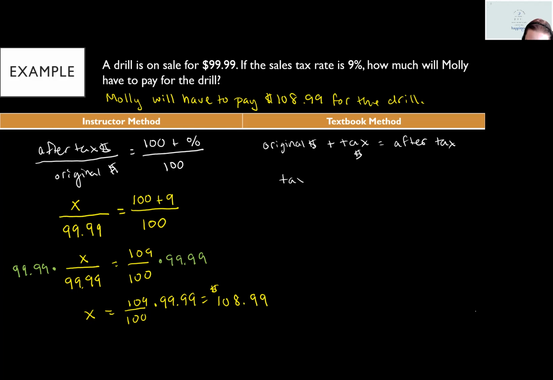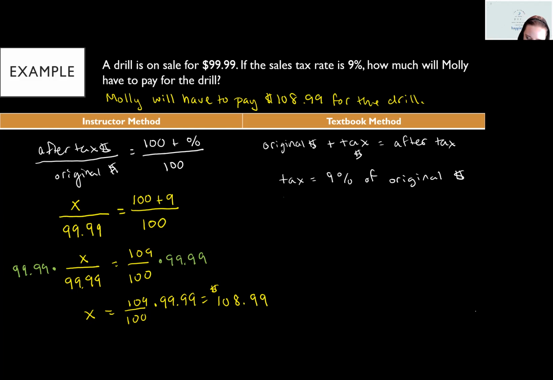So your tax is going to be 9%, and you have to convert it to a decimal. I should write this in words first: 9% of the original price. This is what I said about taking multiple sentences and rewriting them into a single sentence that you can translate.